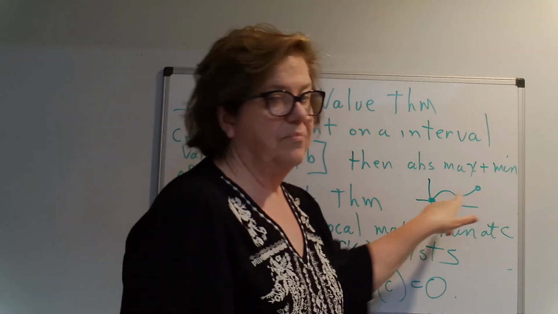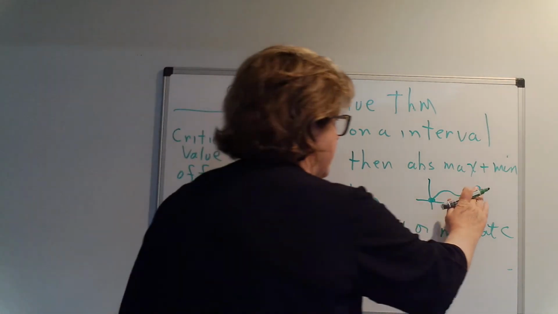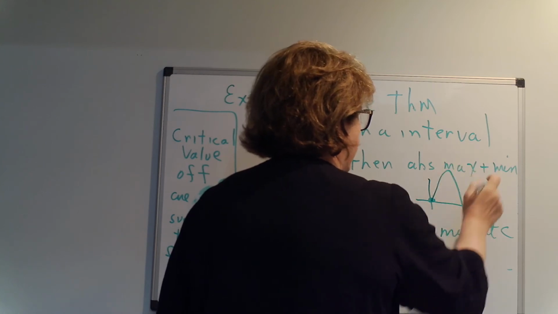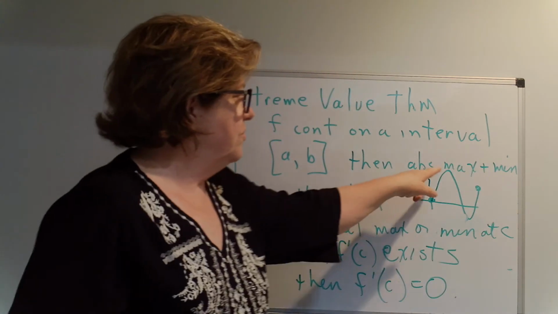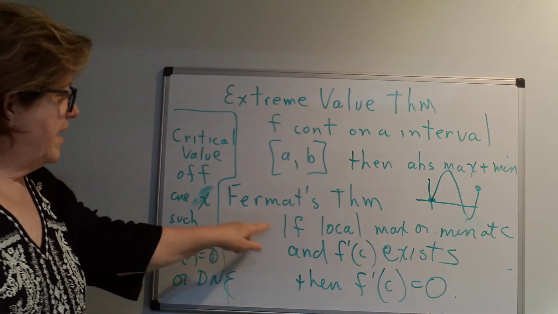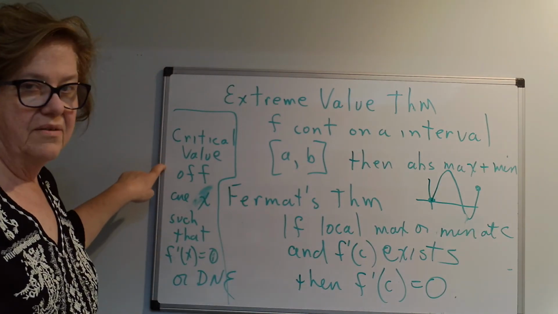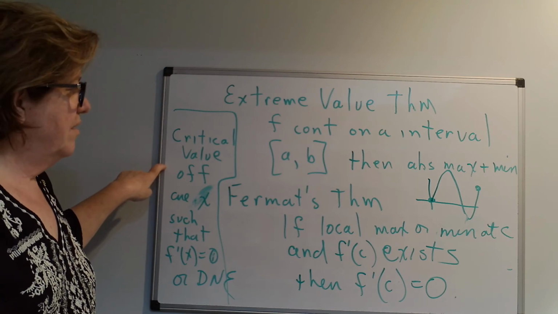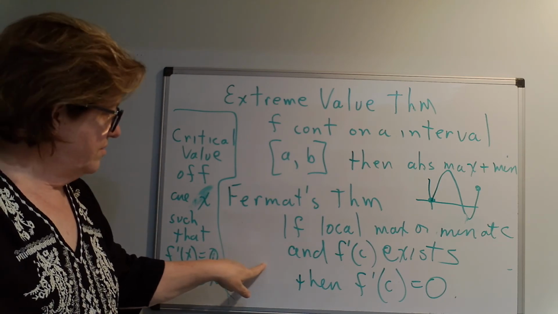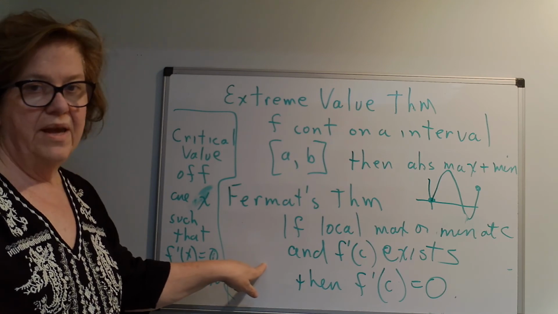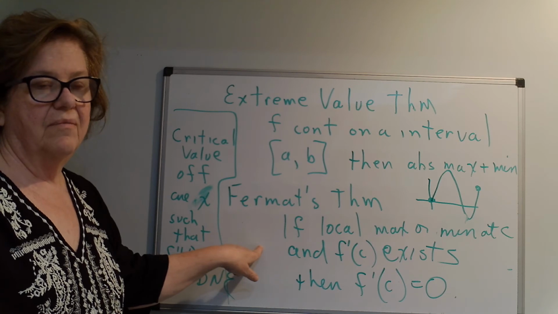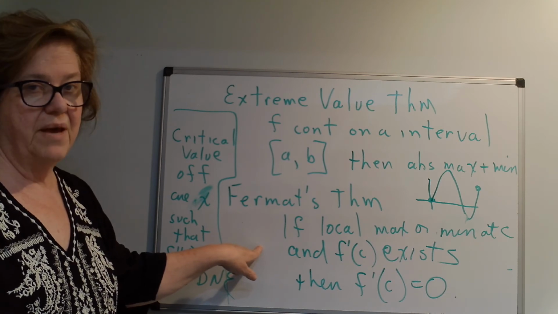Sometimes they're at the endpoints, or sometimes they're not at the endpoints, and you have something like this. But you do have an absolute max and an absolute min. Fermat's theorem, along with identifying critical values, are going to tell us for what x we have local maxima and minima.